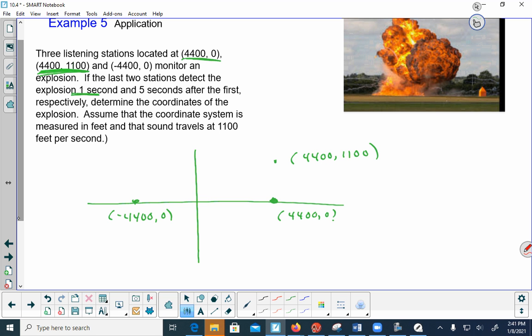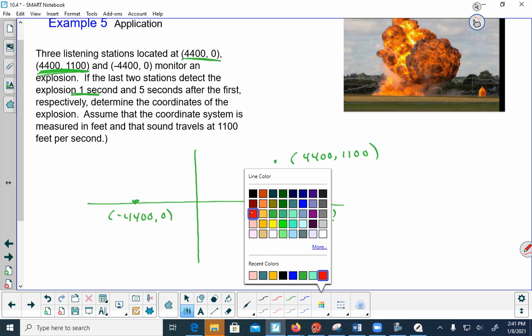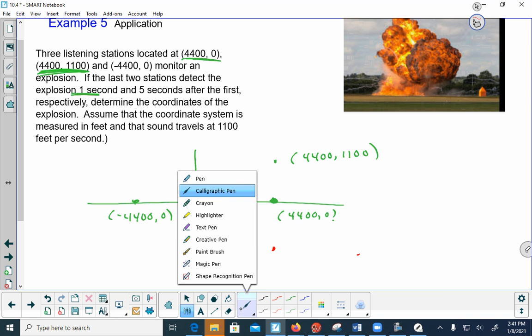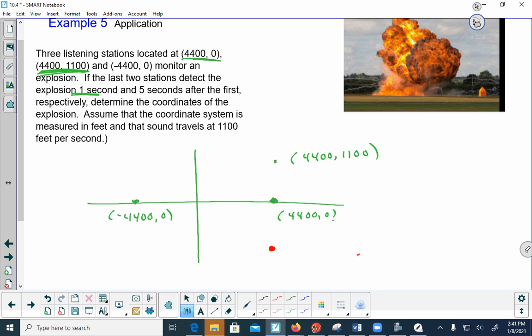Then, since it's exactly 1 second and 1 second is 1100 feet, that tells me my explosion is directly below those stations. So those stations all lie in a vertical line. This red dot is going to be my explosion. Okay, I don't know anything else really.